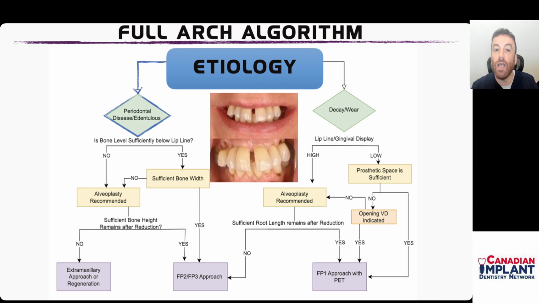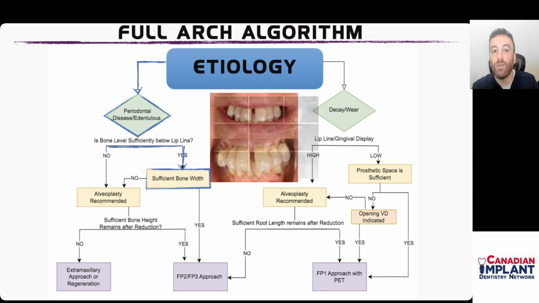If a patient comes in, the teeth are mobile or loose or they're edentulous, what you need to do is take high-end photographs, meaning having the patient at maximum smile and evaluating if the bone level is sufficiently below the lip line. If the bone level is sufficiently below the lip line, such as here, we need to look at the bone width next.